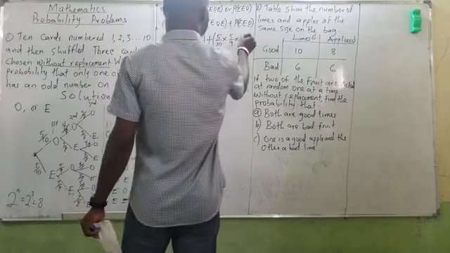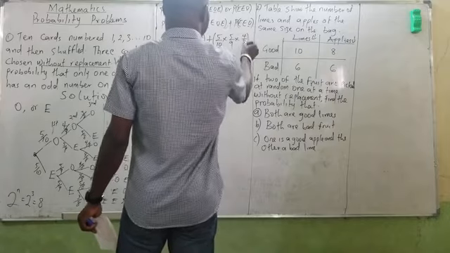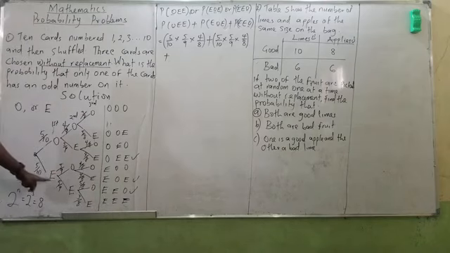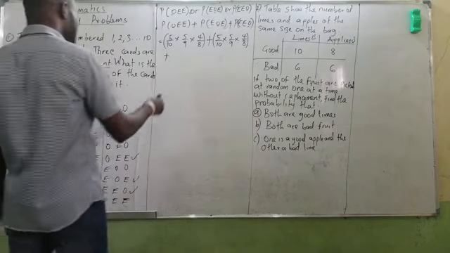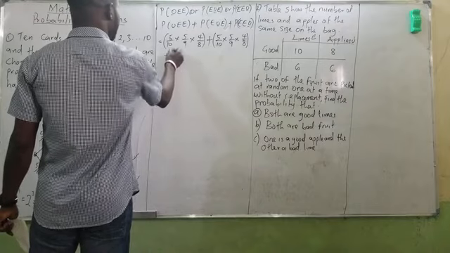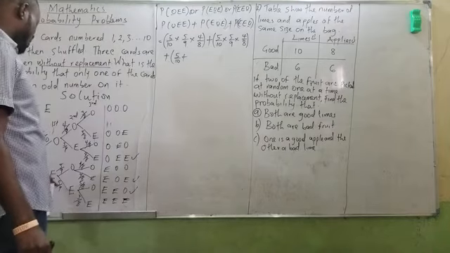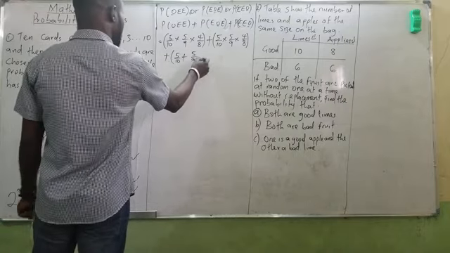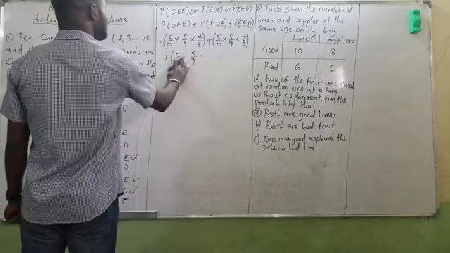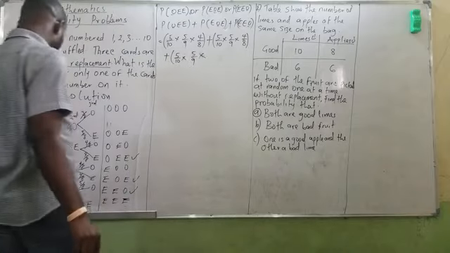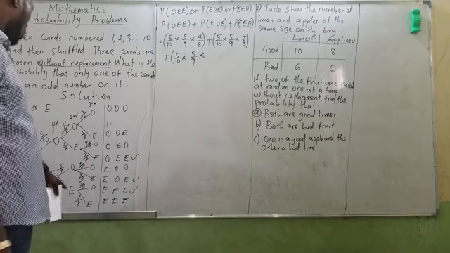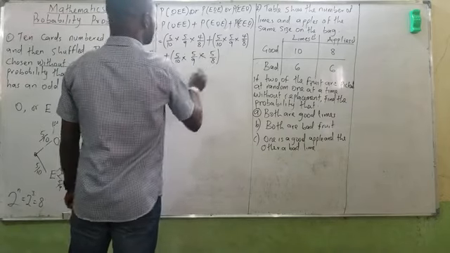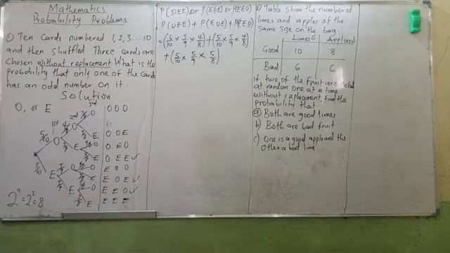I have 4 all over 8 plus the last one, the third one, my even, which is 5 all over 10 plus another even, which is 5 all over 9, multiplied by, and the last of odd, which is 5 all over 8. That is what we need to do.